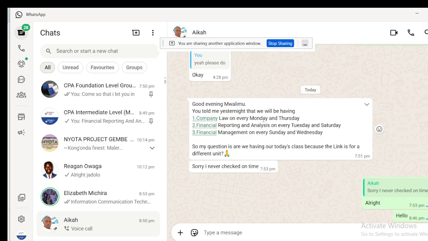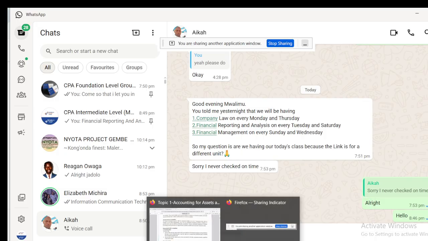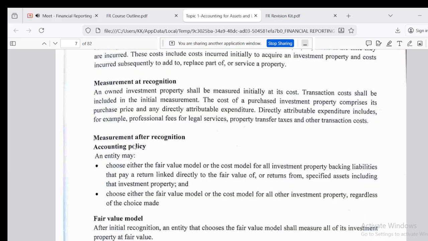Company law is every Monday and Thursday. Financial reporting and analysis every Tuesday. Tuesday is today. And Saturday is coming. So let me just schedule it. We have another class tomorrow, right? Financial management. So let me schedule tomorrow's. Meanwhile, let's finish the part that remains first, then schedule.